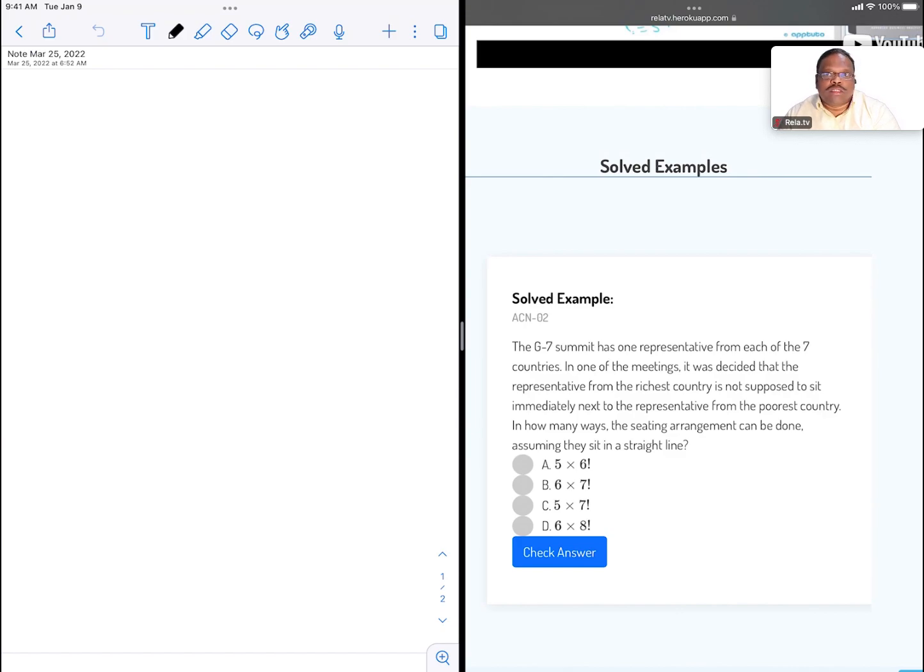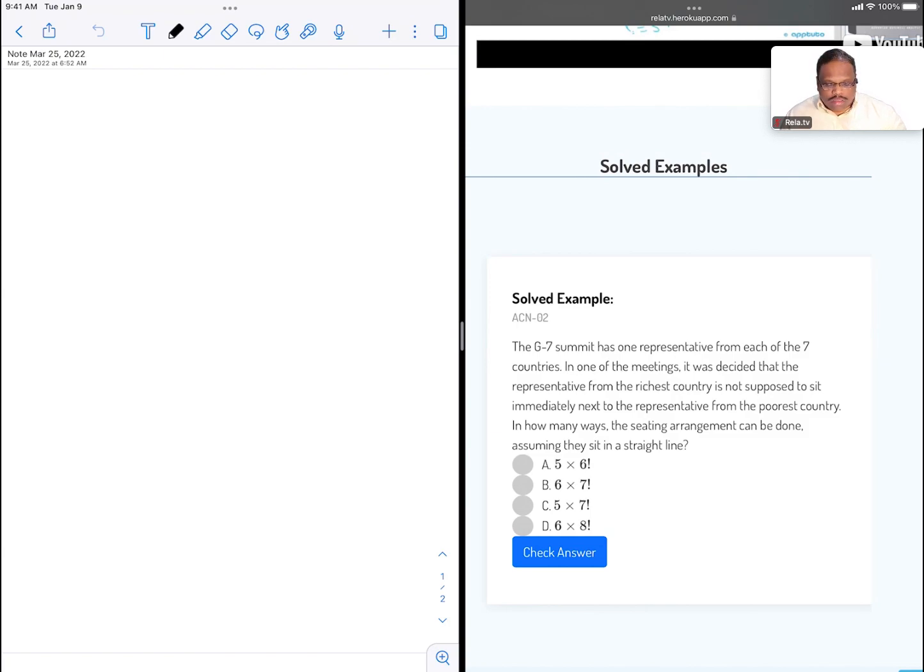That would be a circular arrangement, which is totally different. There, the number of degrees reduces by 1. So the key point is they sit in a straight line, and there are 7 representatives.